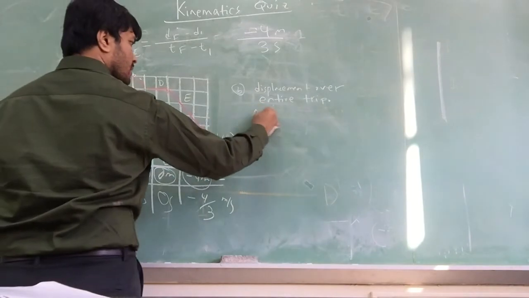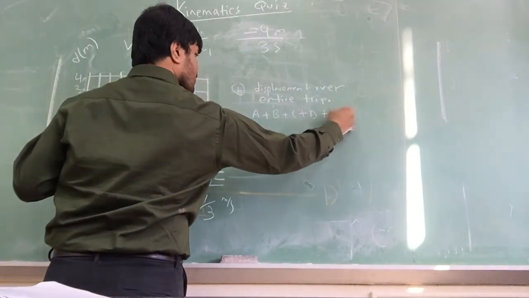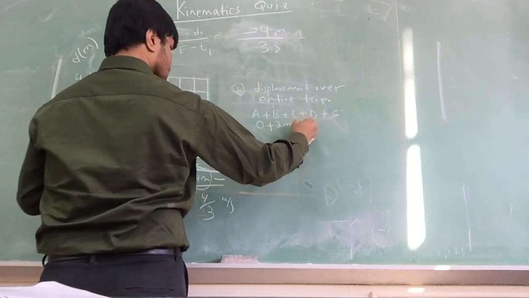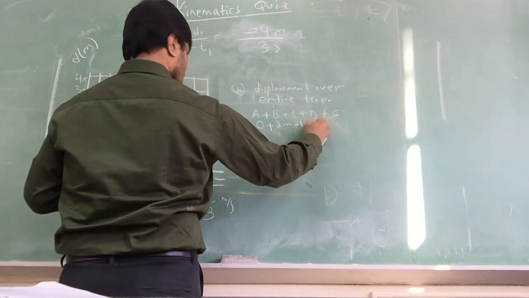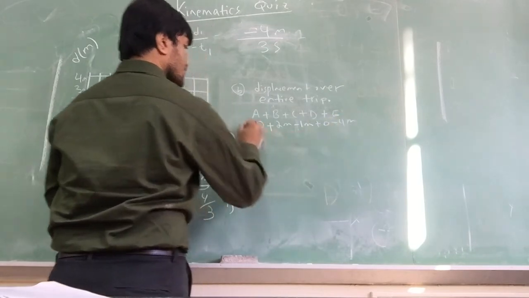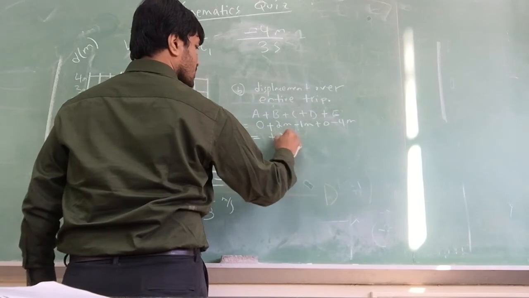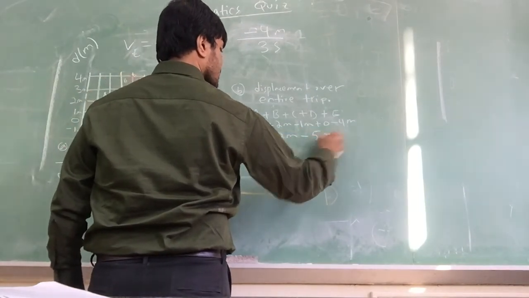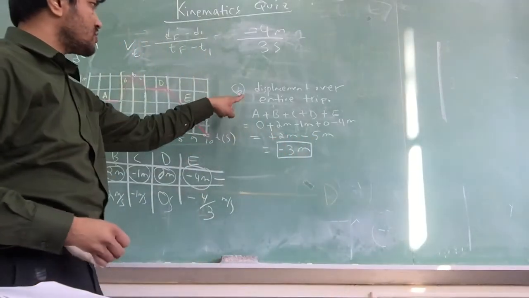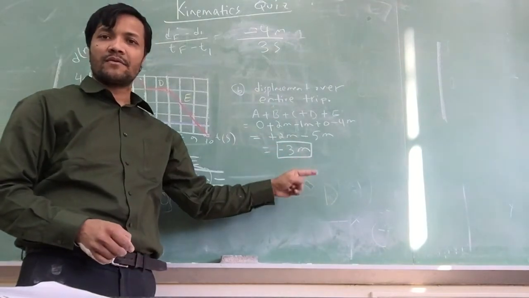A plus B plus C plus D plus E. So A is 0, plus 2 meters, plus -1 meter, plus 0, minus 4 meters, which is plus 2 meters minus 5 meters. This is minus 3 meters. So the displacement over the entire trip is -3 meters.